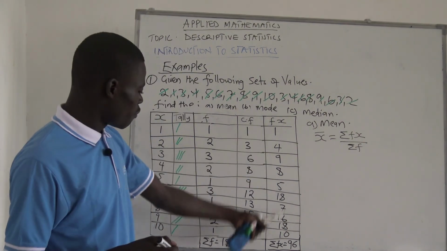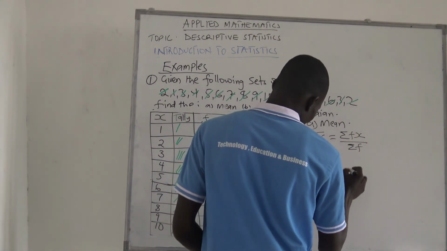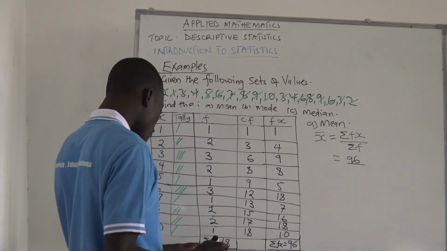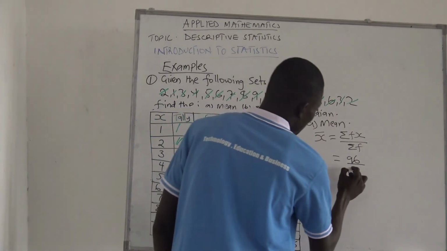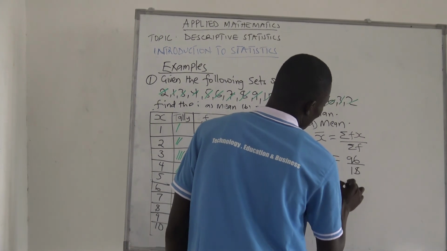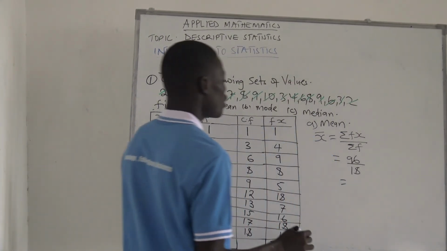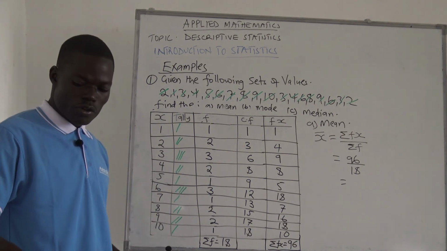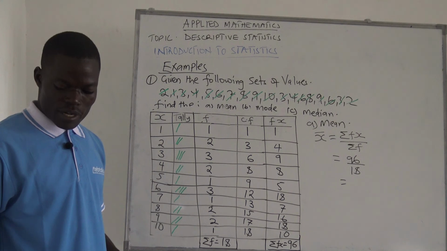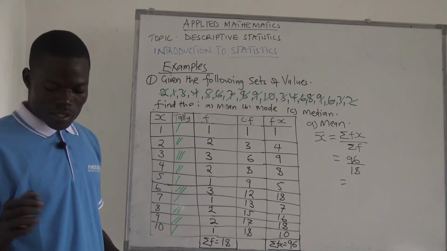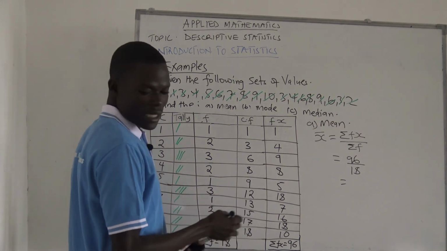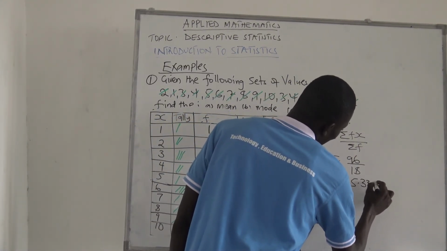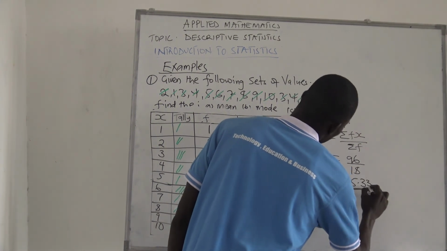So the summation of fx is 96, out of the summation of f, which is 18. What is the answer? Let us use a calculator to be sure. If you don't want to stress your head, use a calculator to get the correct answer. So our mean is 5.333 recurring.